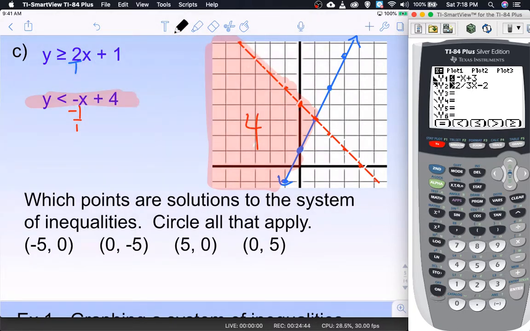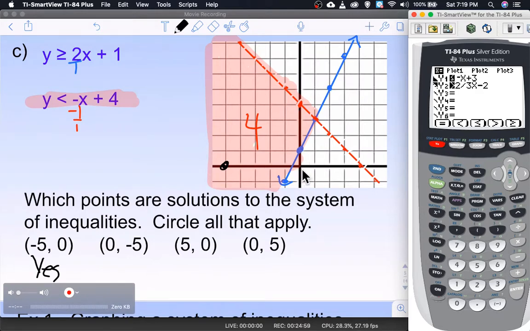So when I graph these points, -5, 0: 1, 2, 3, 4 is here. Is that a solution? Yes. 0, -5. I can't even graph that point. That's down here, 1, 2, 3, 4, 5. But it's not going to be in the shaded region.